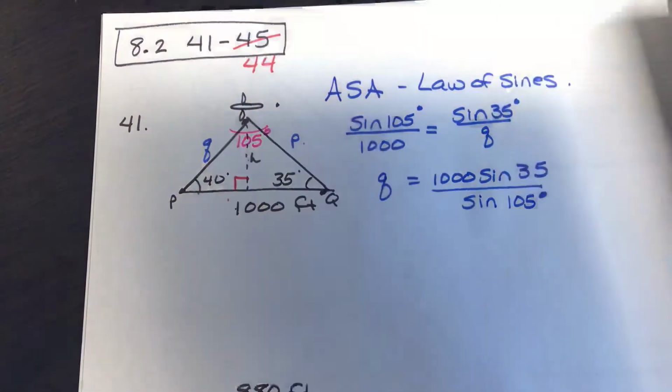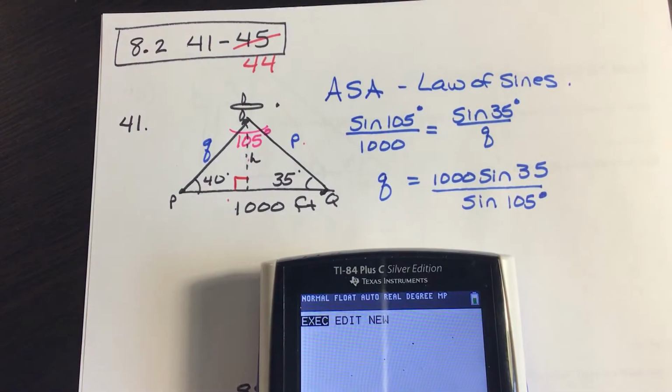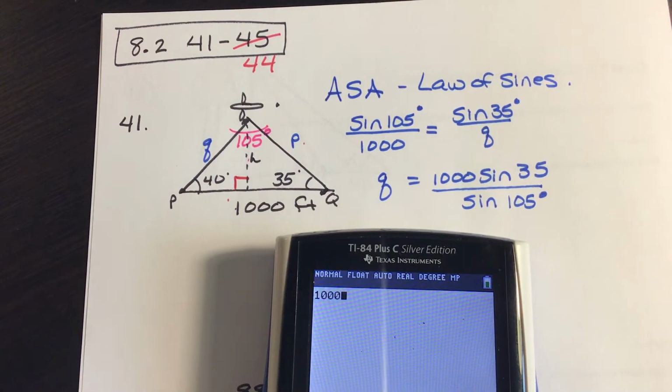All right, so on the calculator, I have 1,000 sine 35, close parentheses, and then I'm going to divide that by sine 105.